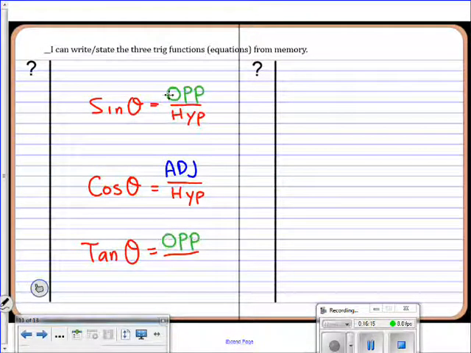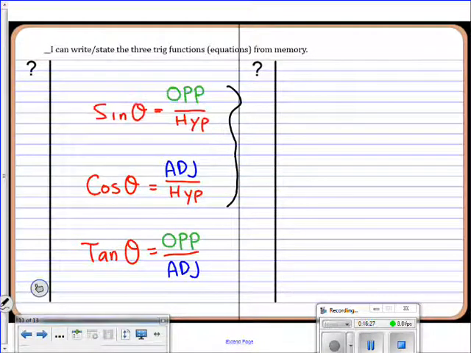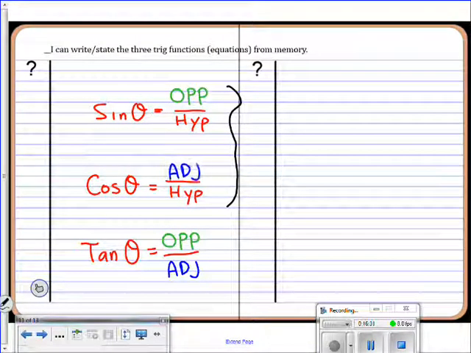Tangent takes the opposite from the top one and the adjacent from the bottom one and just puts it in that order. If you remember these two with opposite on top, and they both have hypotenuse in the denominator, then you just remember opposite is on sine, adjacent is on cosine, and they're written in the same order, top over bottom, on tangent theta.